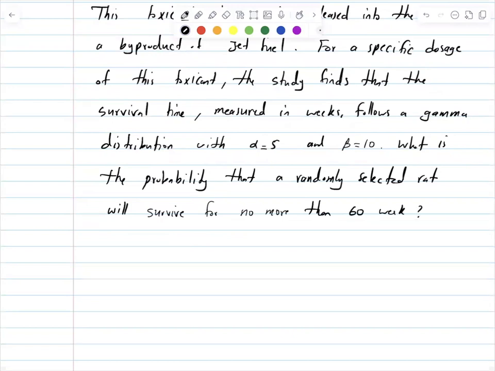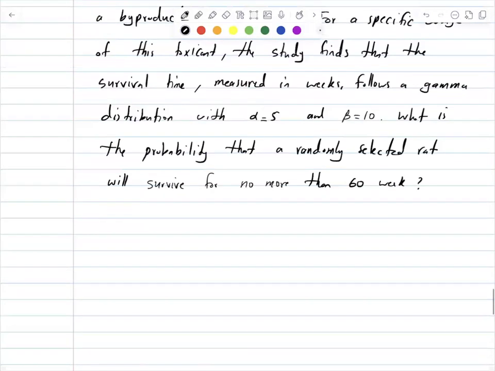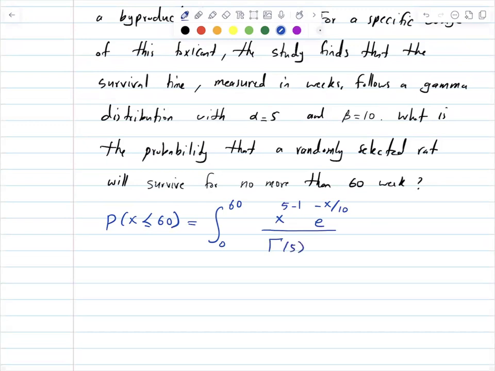So basically, we want to use the gamma distribution. We are calculating the probability that x is less than or equal to 60, which can be calculated as the integral 0 to 60 of x to power 5 minus 1 e to power negative x divided by beta, which is 10, over gamma of 5 times beta, which is 10 to power 5, dx.